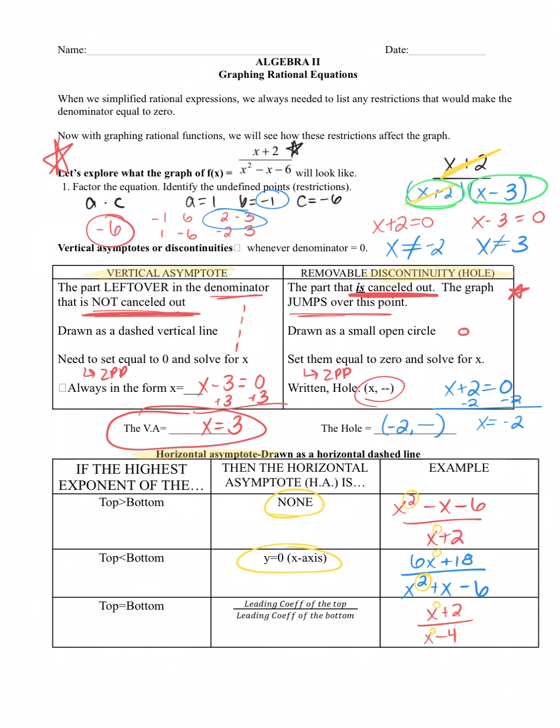Now, when our exponents are the same, we take the leading coefficient of the top and the leading coefficient of the bottom and just keep it as a fraction, or if we can reduce, we reduce it to a whole number. So, in this case, our asymptote would be 1 over 1, which would just leave me with y equals 1. So that would be my horizontal asymptote, okay?